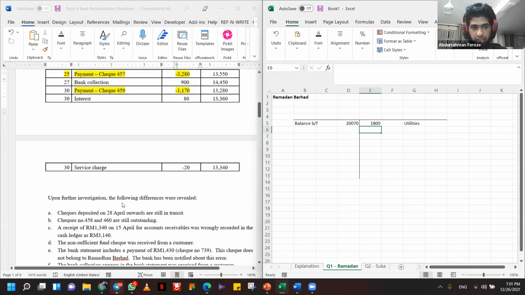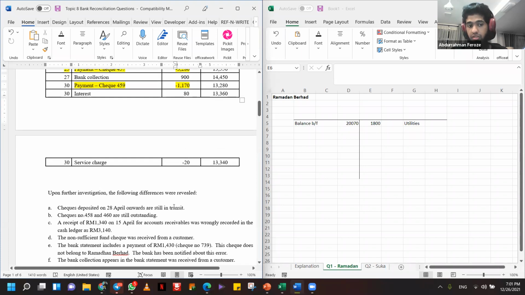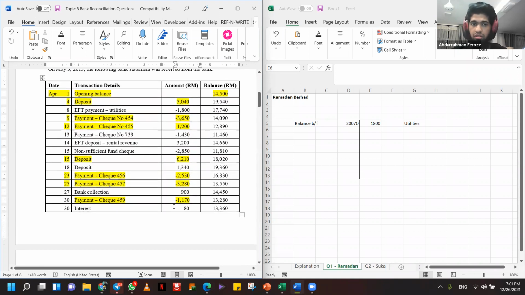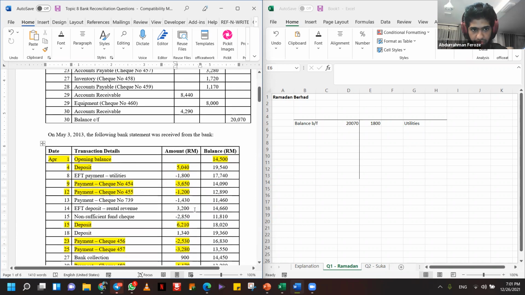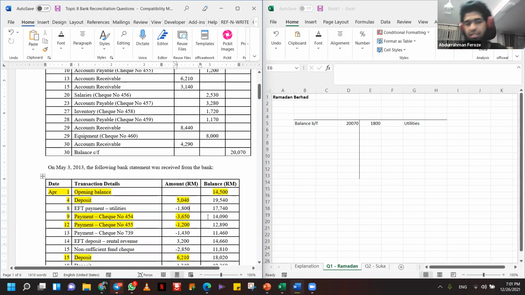Now, if you guys remember over here, it was mentioned that it includes a payment of 739. This check does not belong to Ramadan Berhad. Because this is an error, and this is not something that should be in the cash book, there are two ways of doing this. One way is you either enter the error over here, and then it's corrected when you're doing the bank reconciliation, or you ignore it.